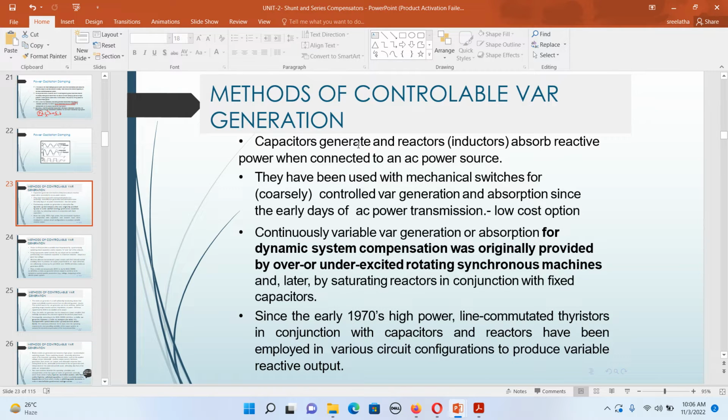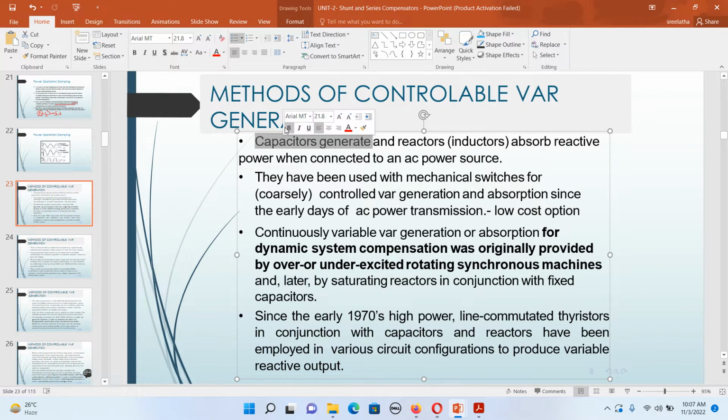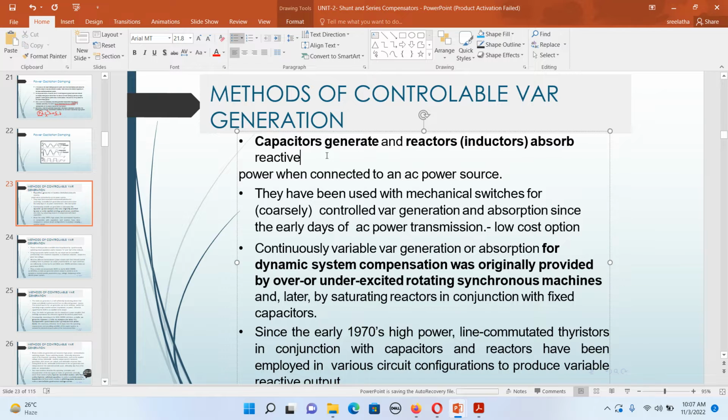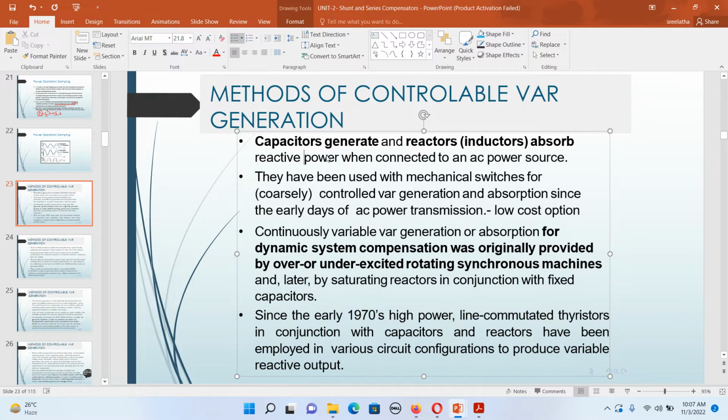Capacitors generate and reactors absorb reactive power when connected to an AC power source. This is the main intuition you should remember. Capacitors do generate reactive power, whereas inductors absorb any extra reactive power.